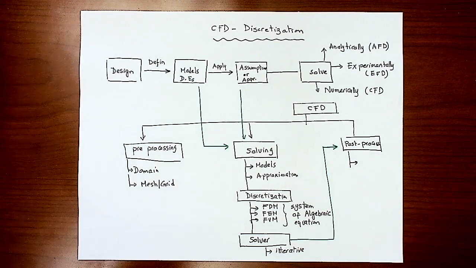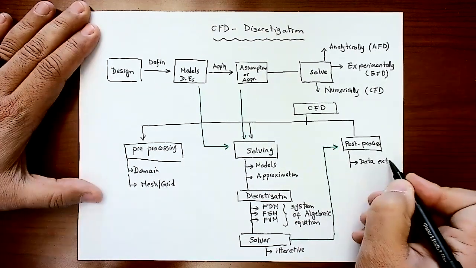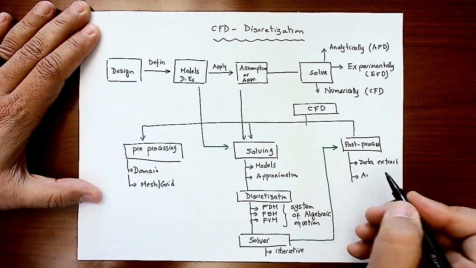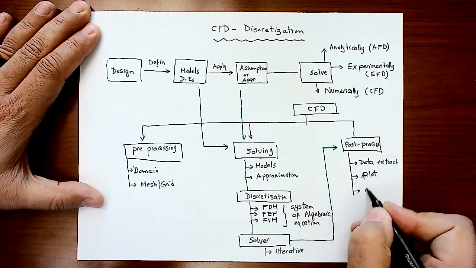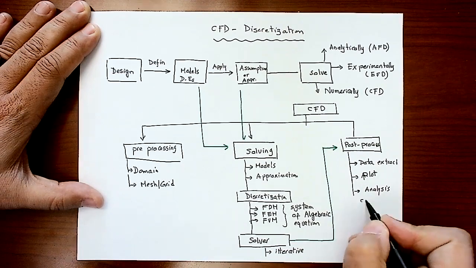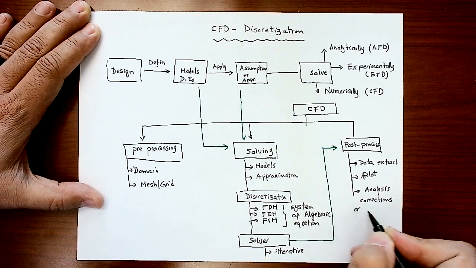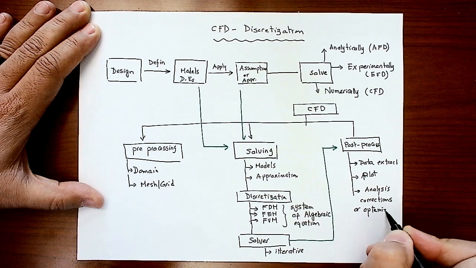You're going to extract your data, then you do the analysis. Actually, you do the plotting first, then you do the analysis to perform any corrections or optimization of your design.